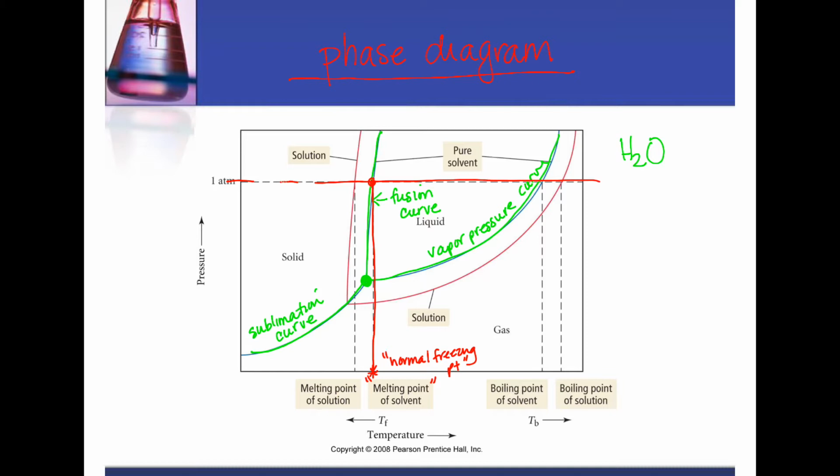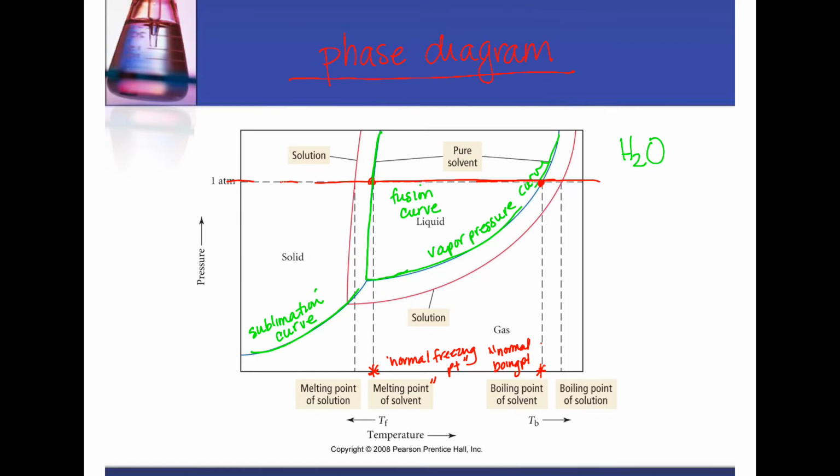The melting temperature and the freezing temperature are the same number. Okay, if we continue across and we do it where it hits the vapor pressure curve and we go down, that's what we call the normal boiling point. Now, if our substance was water, this would be 0 degrees C, and this would be 100 degrees C.